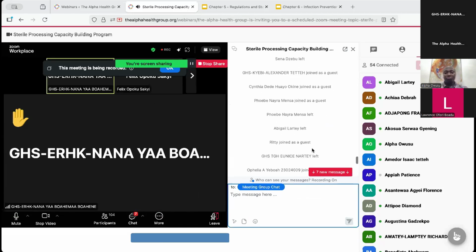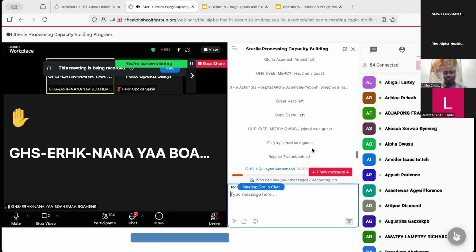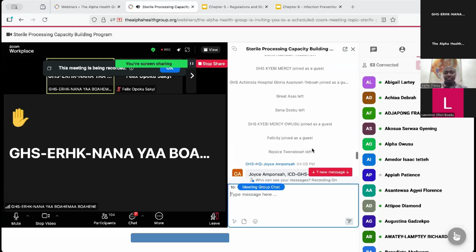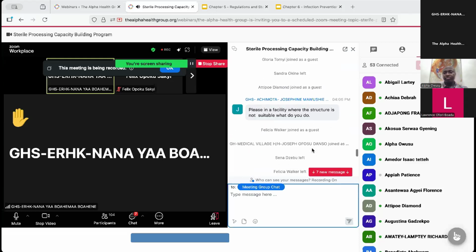And if the organism is present, we try to control it, to curb it from going to other places or coming into contact with other people.